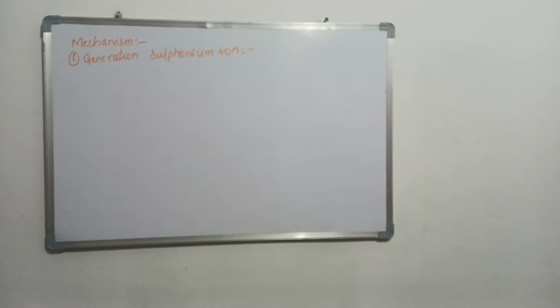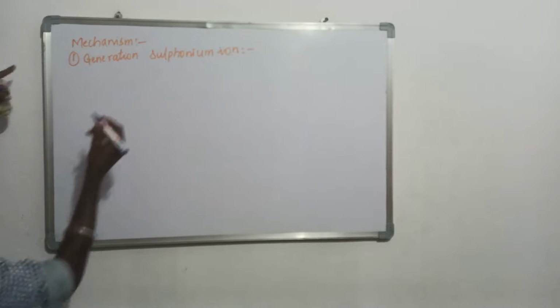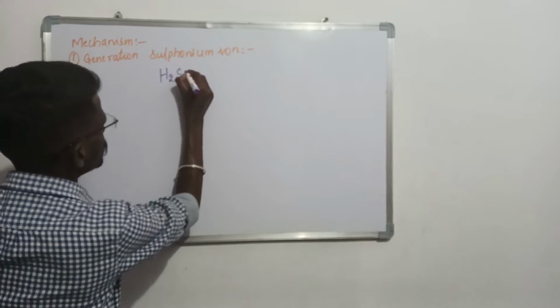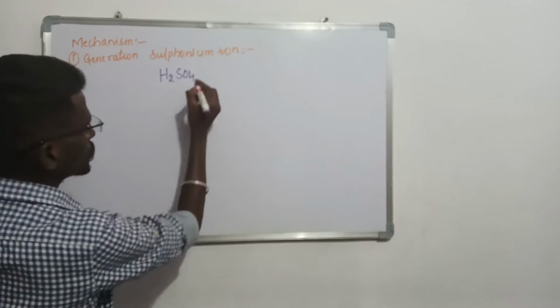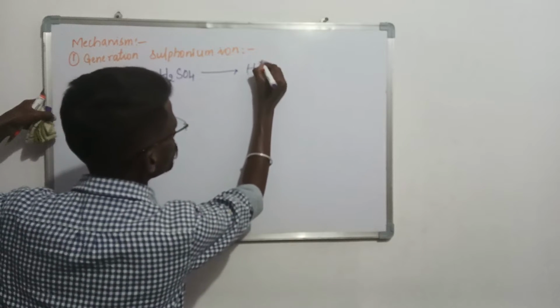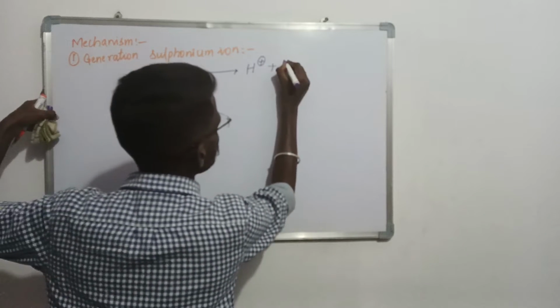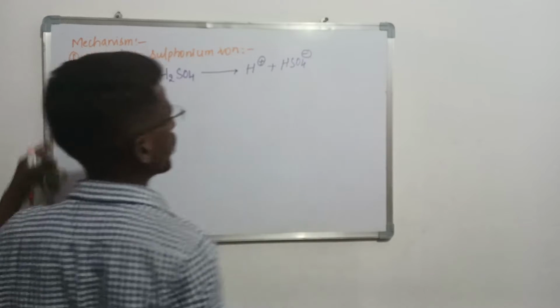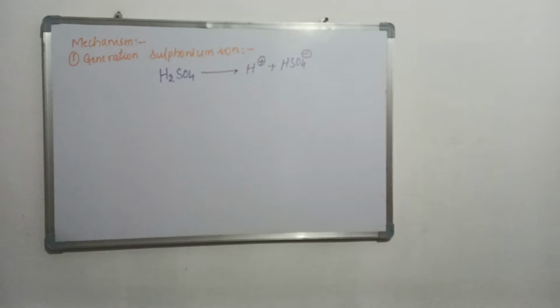In the generation of sulfonium ion, H2SO4 dissociates into H plus ion and HSO4 minus ion.